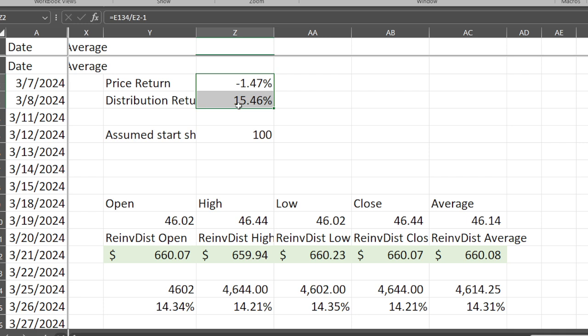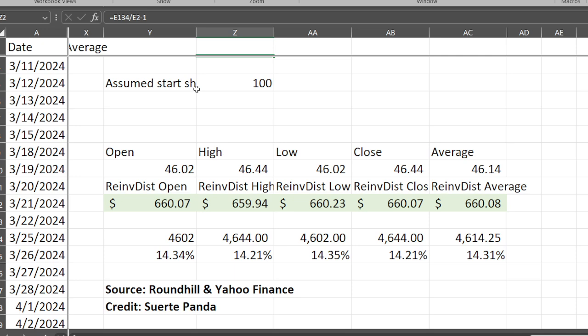Just to be conservative, I would probably knock that down to 25% or a little bit less, depending on how conservative you want to be in your planning, especially if you're retired and you need this for living expenses. And then again, as I mentioned earlier, just assume the 100 shares.